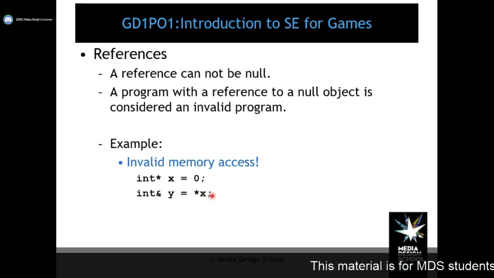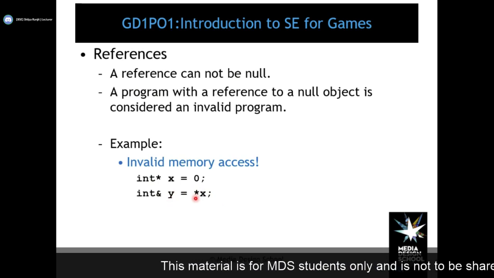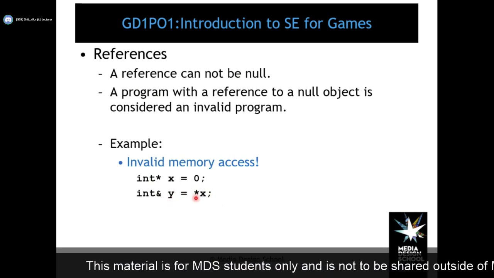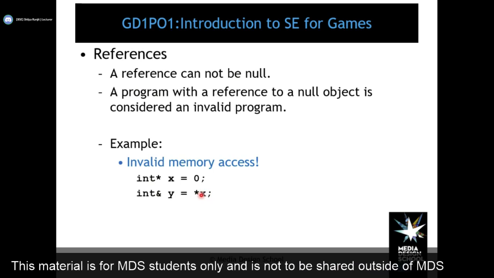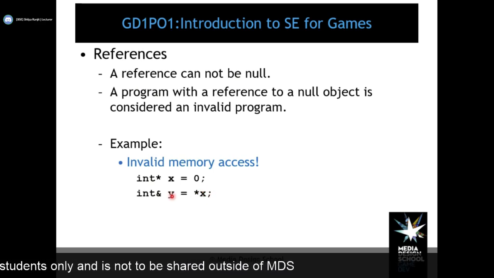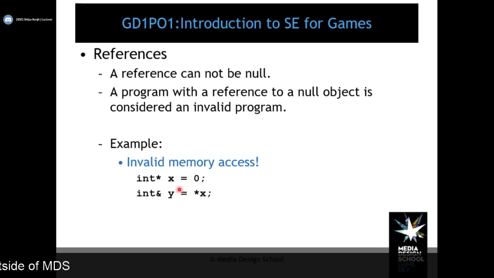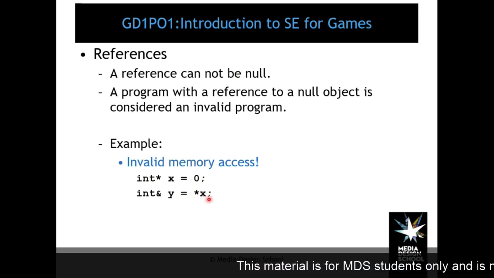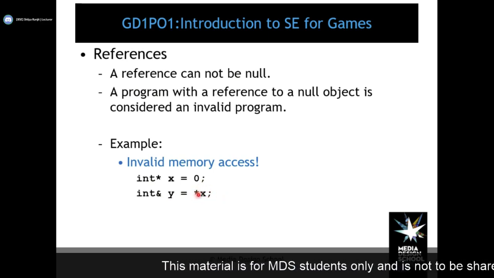So if you try to do something like this, it basically means it is pointing to a null value. This doesn't throw you an error, remember, but then it is going to be an invalid memory access. So you might assume you're doing some changes to some memory location using y, but this is not pointing to a valid memory location, and that's why it might create problems in your code.